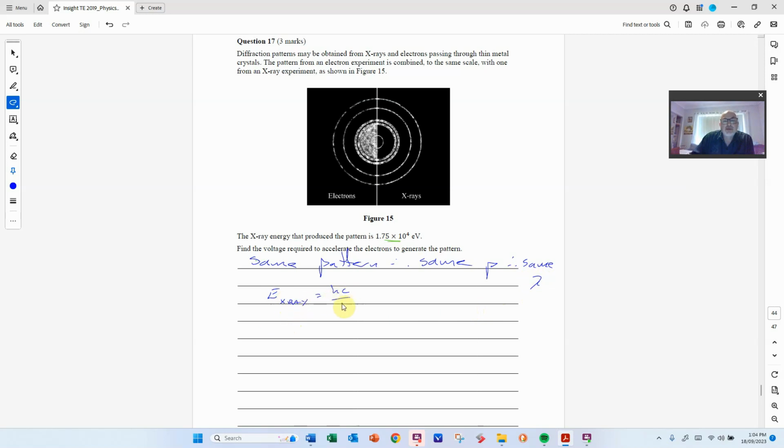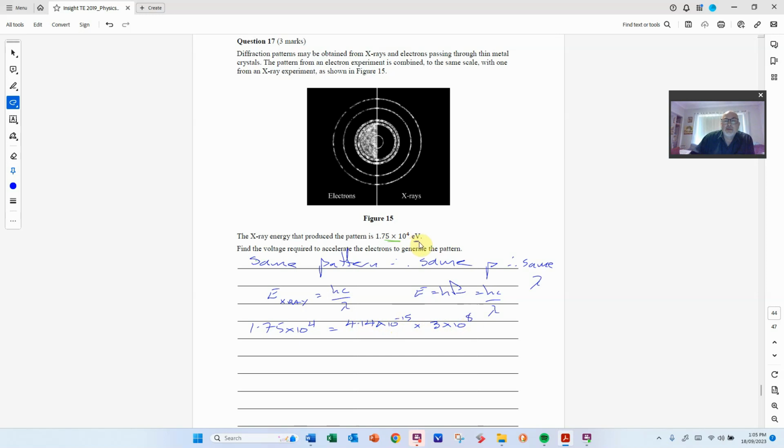Okay, so the energy of the X-ray is hc over lambda. That comes from E equals hf, which is equal to hc over lambda. So from there we have the energy of the X-ray is 1.75 by 10 to the power of 4 is equal to h, which is 4.14 by 10 to the negative 15, because we're dealing with the smaller energy unit, times 3 by 10 to the 8.